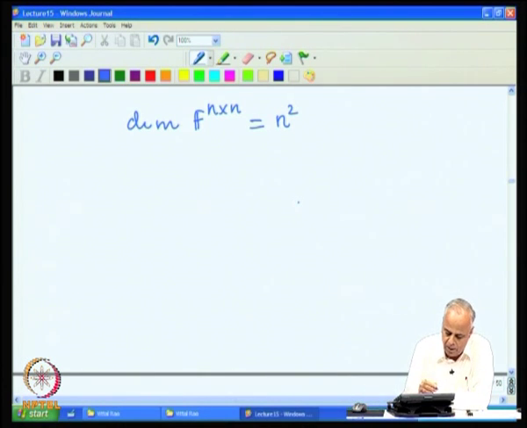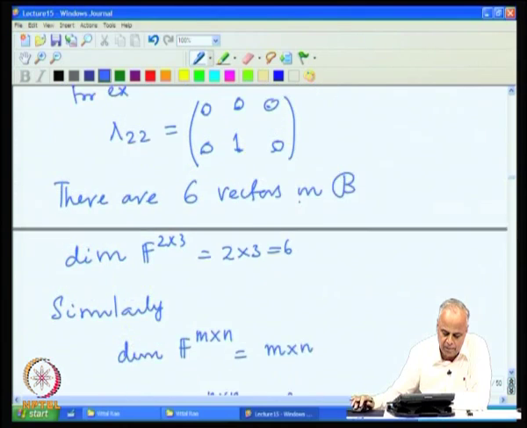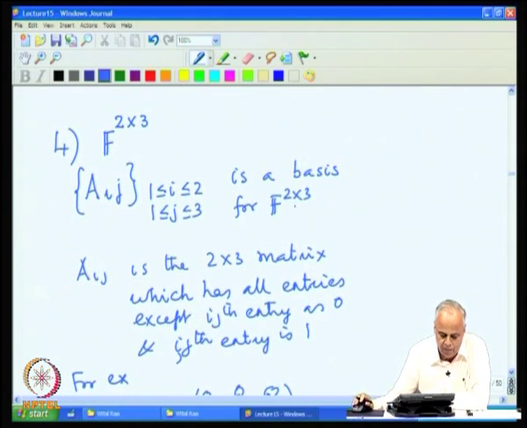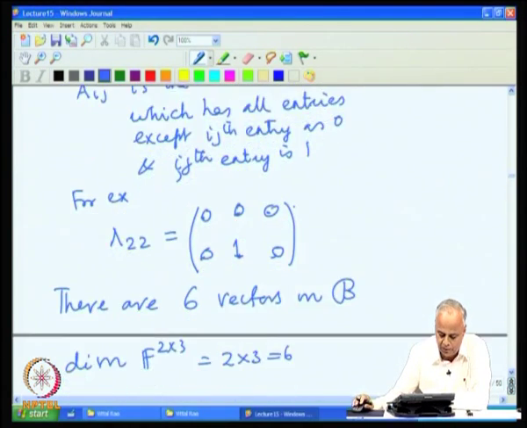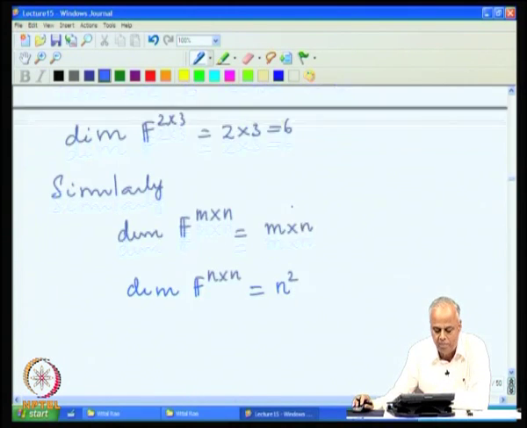Let us now look at another example. So, we have seen the vector space Fn, we have seen the vector space F2 by 3, and generalized it to Fm by n.